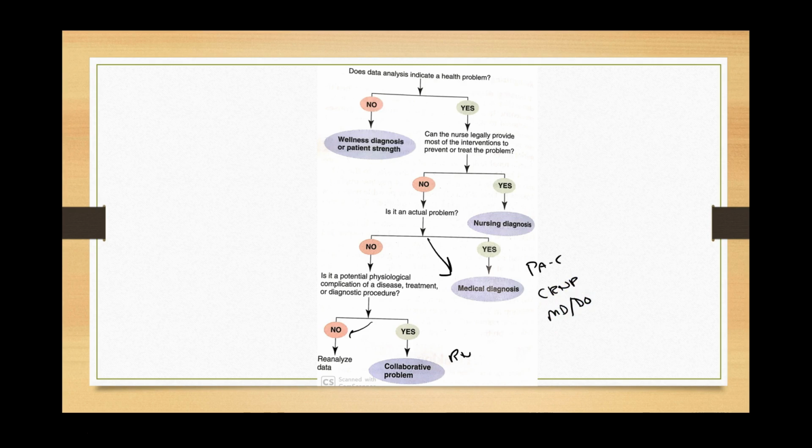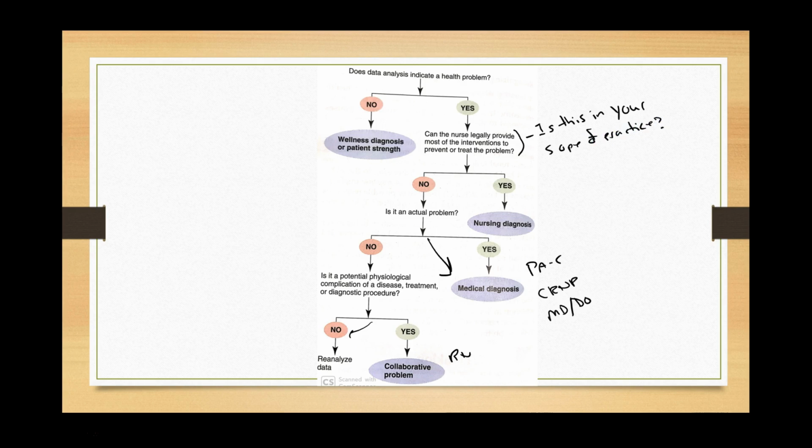So again, at the LPN level, don't forget about this question here. So we said, yes, there's enough data analysis to indicate a health problem. Can the nurse legally provide most of the interventions to prevent or treat the problem? In other words, is this in your scope of practice?